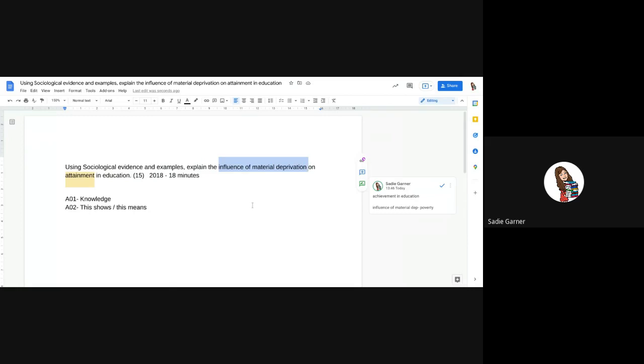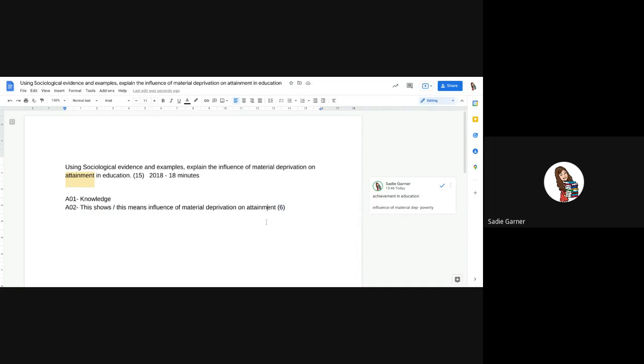So we have to keep saying influence of material deprivation on attainment. If you're not doing this shows or this means at the end of each of the paragraphs, you won't be getting any AO2. You get 6 marks for AO2 and 11 for knowledge. So it has to be in every paragraph.